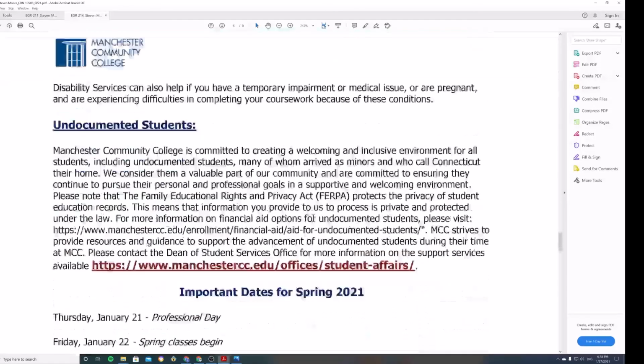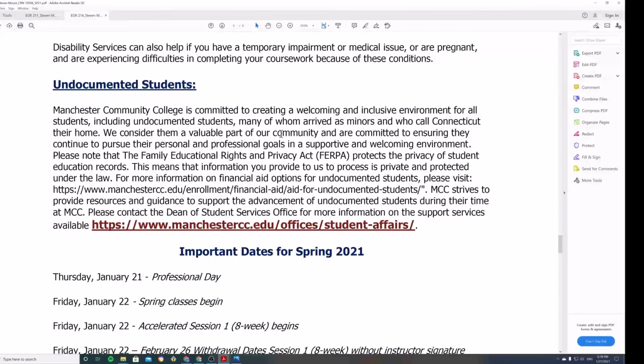Undocumented students. This is a new one I've put in my syllabus. If you're an undocumented student, we do have resources to assist you, and you can read on this page. Here's a web link to get more information, and if you need additional information, you can contact Student Affairs.